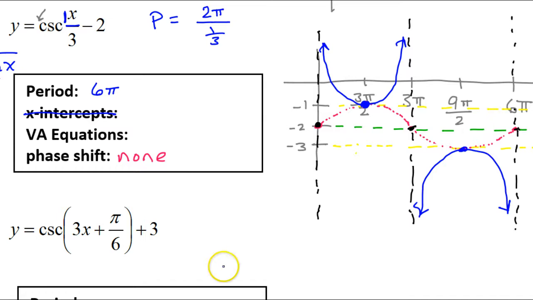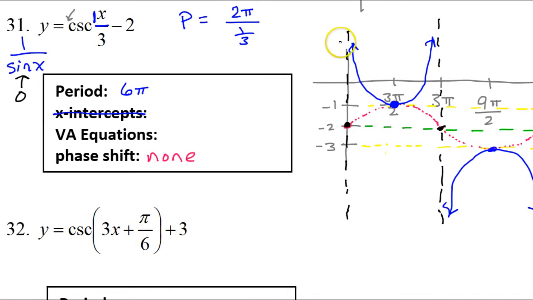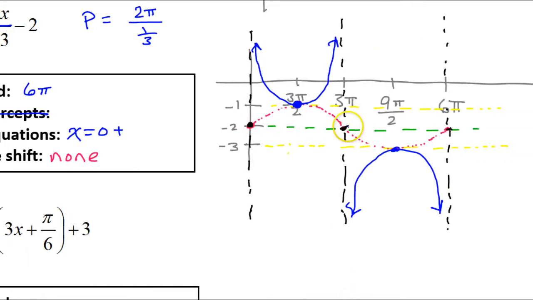Vertical asymptote equations, we can do that. My first vertical asymptote is right at 0, right? It's right on the y-axis. So I might say x equals 0 for that one. But then I'm going to have to add an expression to represent all of the other vertical asymptotes. I notice that I run into a vertical asymptote after half of a period.